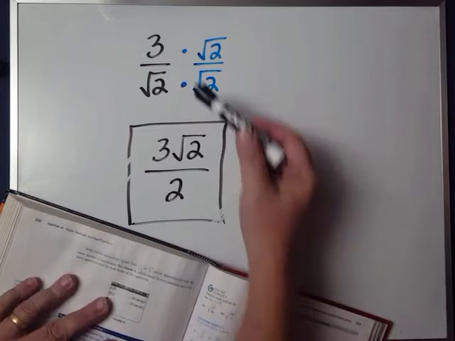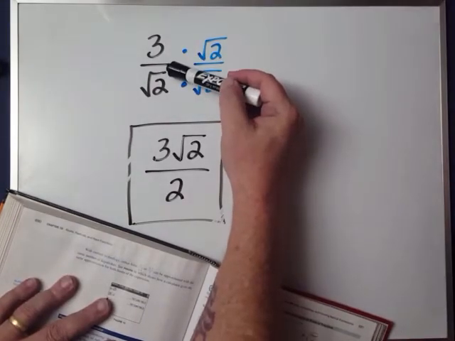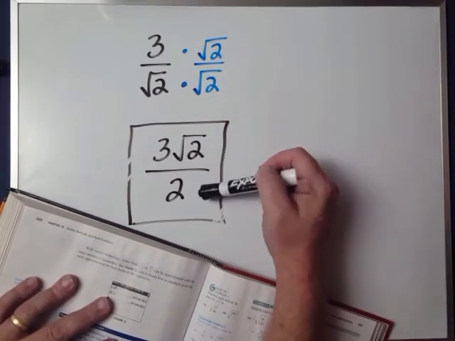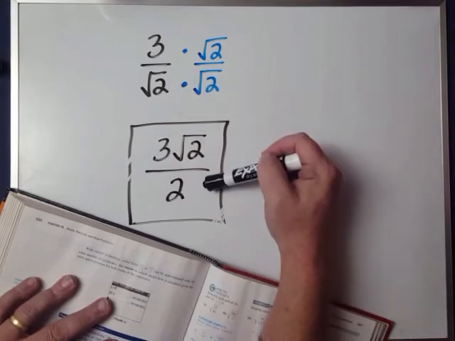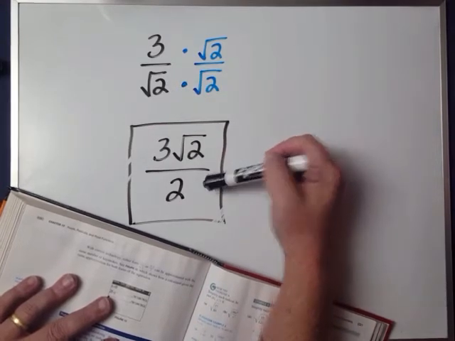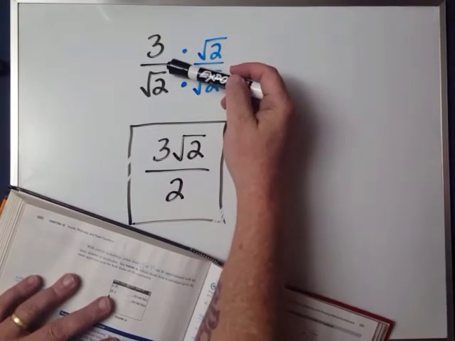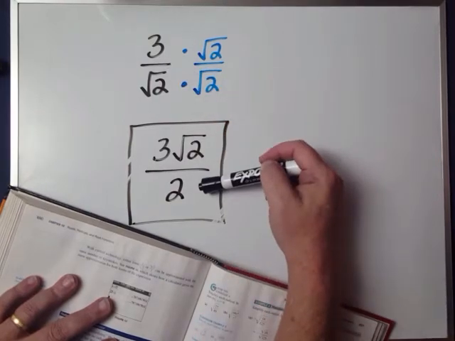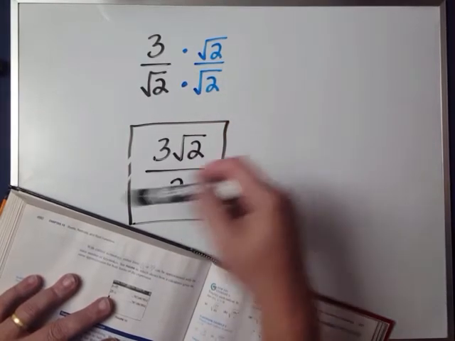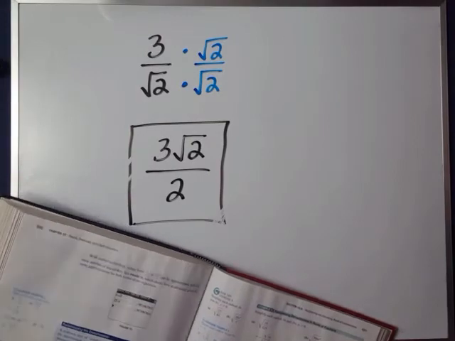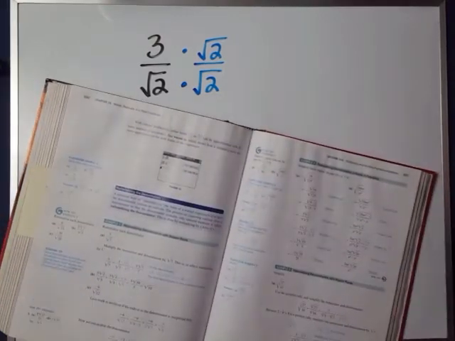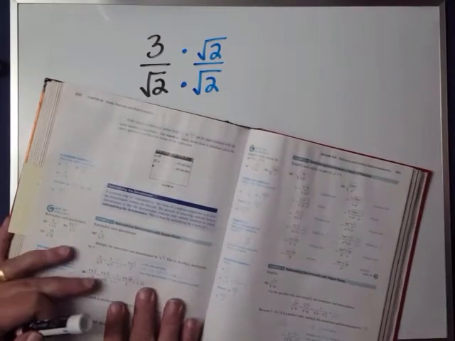Okay? These two expressions, 3 over the square root of 2 and 3 square roots of 2 over 2, they have the same value. But if you write this as a final answer and I write that as a final answer, it makes it hard to compare. So we're standardizing, we're agreeing on a certain way to write our final answers.